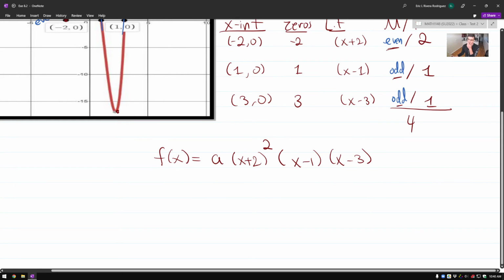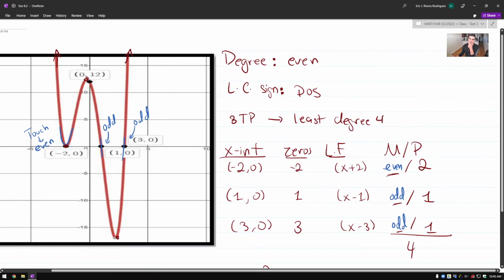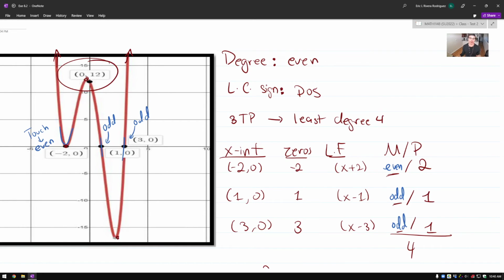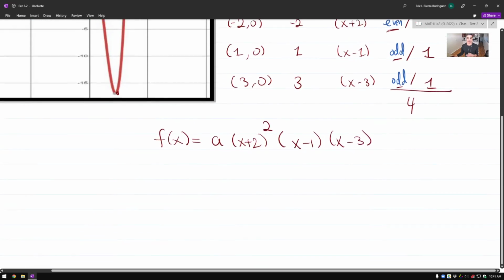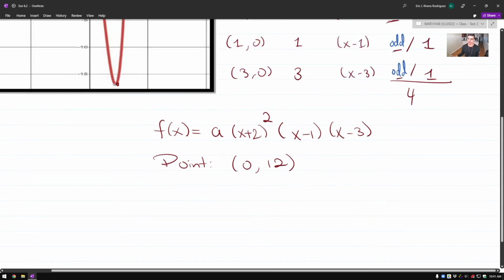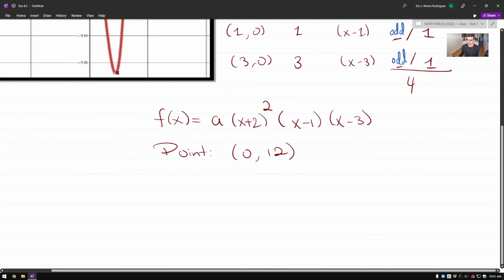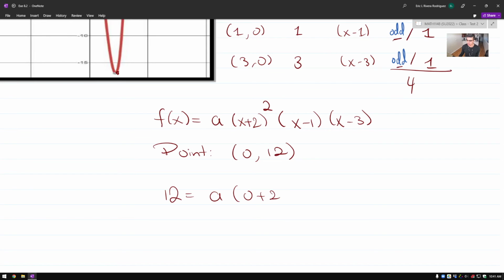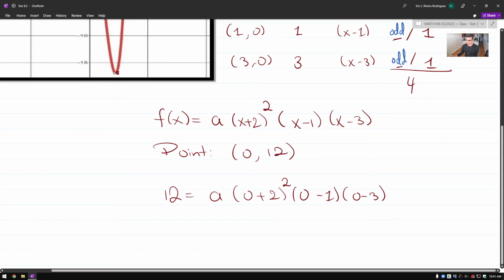Now, we need to find the value of the leading coefficient. And we have this point here. This point is conveniently a y-intercept. If we have a y-intercept, it's perfect because it's easier, since the value of x is then 0. So what we need to do is to substitute x with 0, substitute f of x with 12, and we solve for a.